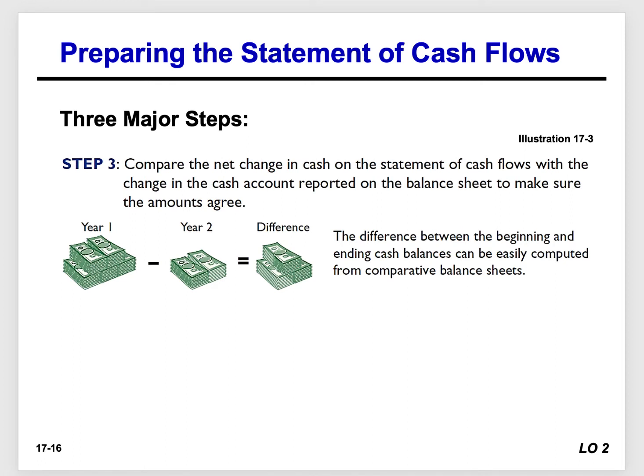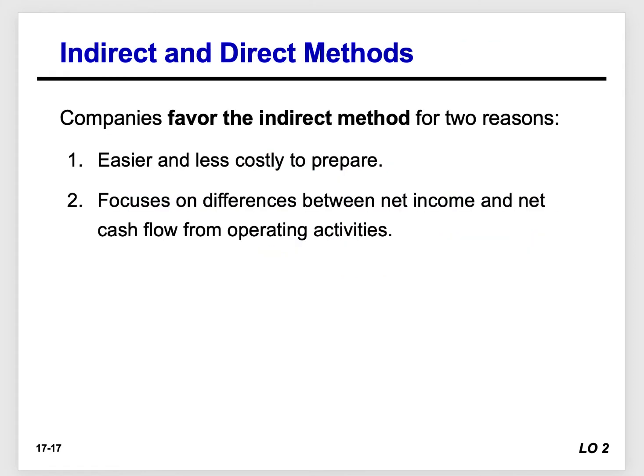And then the third thing we need to do is take the net change in cash that we calculate on the statement of cash flow, and report what's the difference in our cash, right? That's basically what we're doing by preparing the statement of cash flow. We're showing how cash changed from the beginning of the year to the end of the year. And then finally, we're really proving that cash balance, okay?